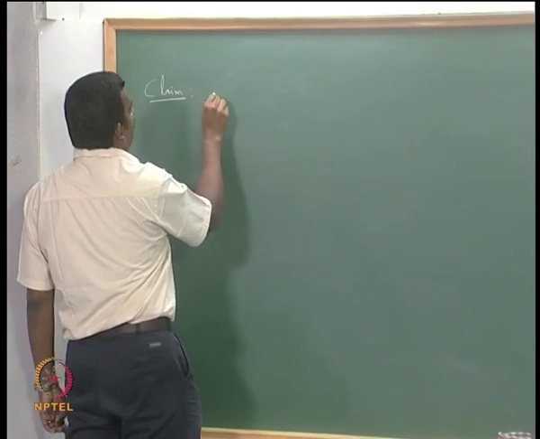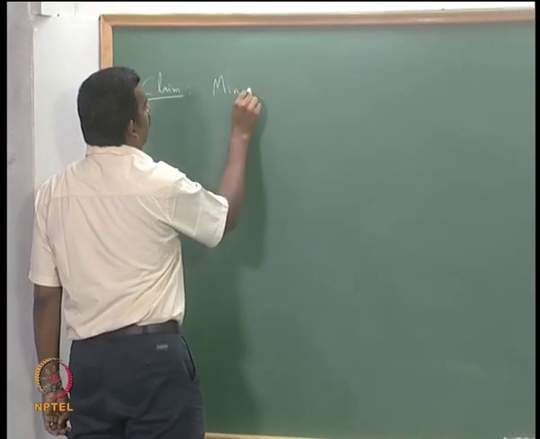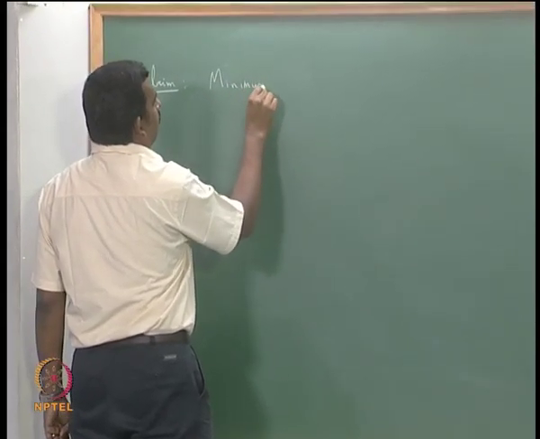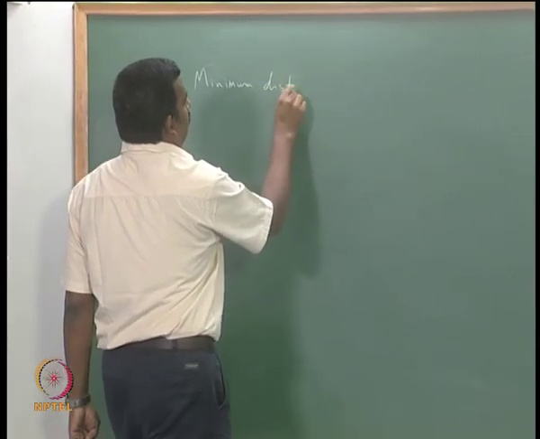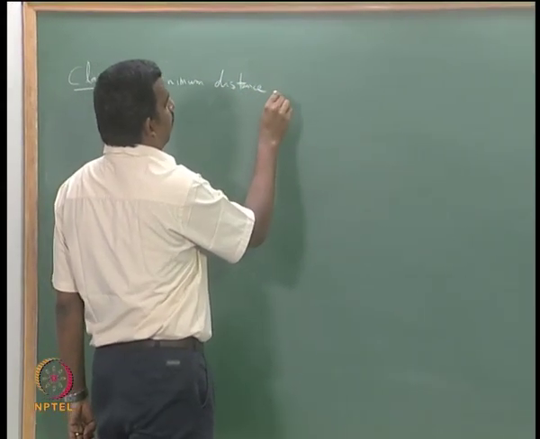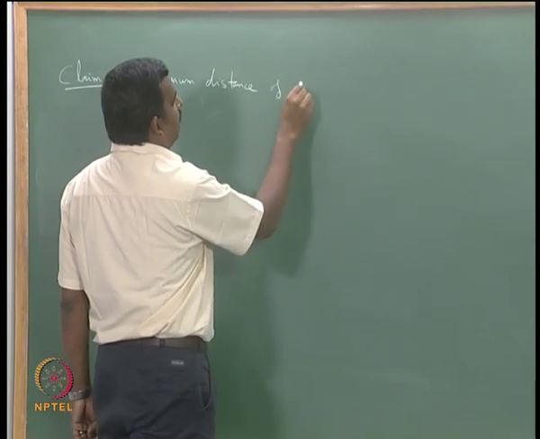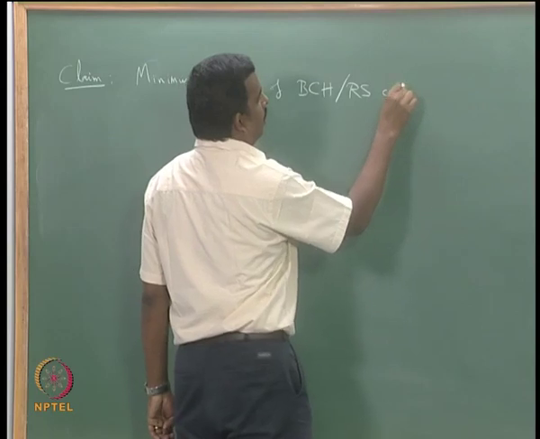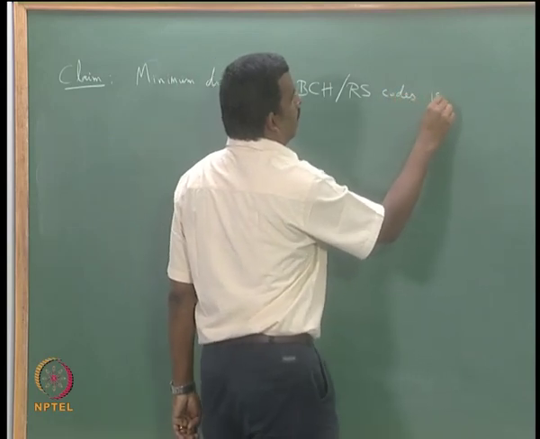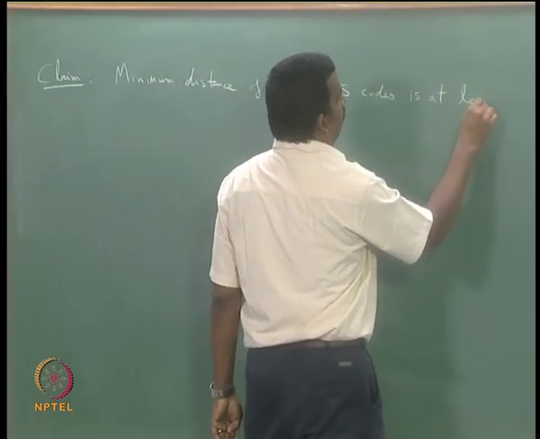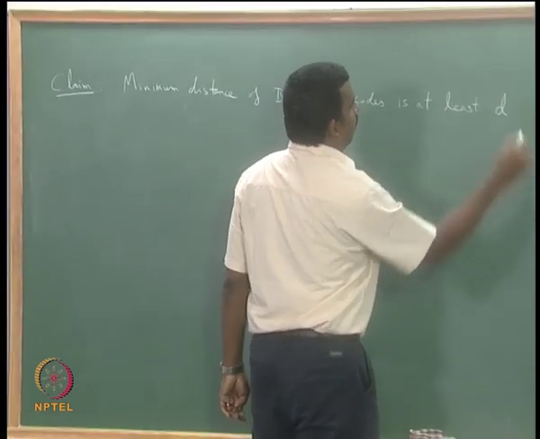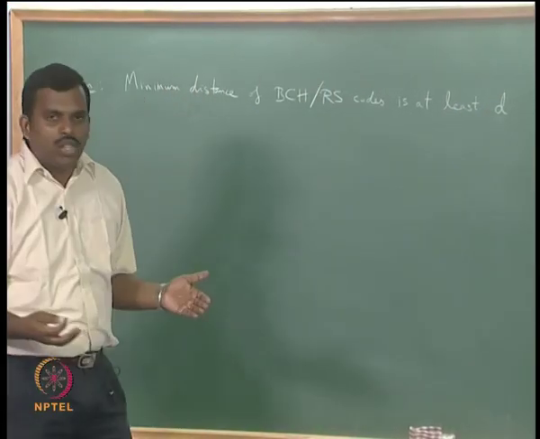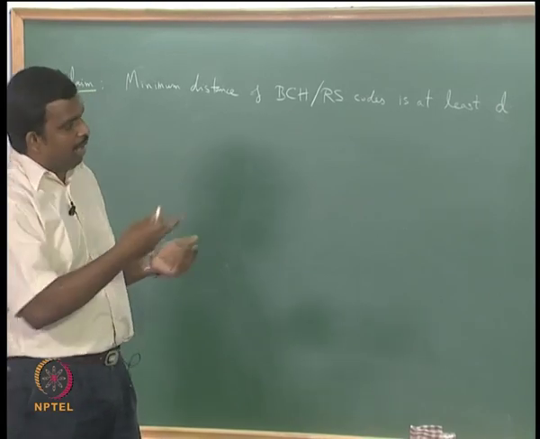the minimum distance of BCH and RS codes is at least D. I only have to show at least D to claim the MDS.